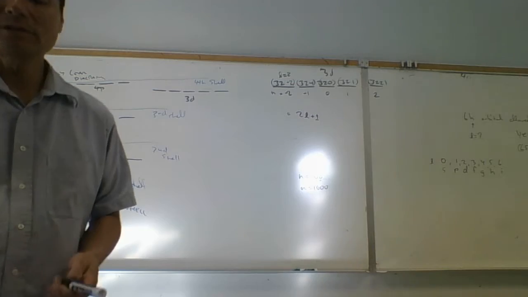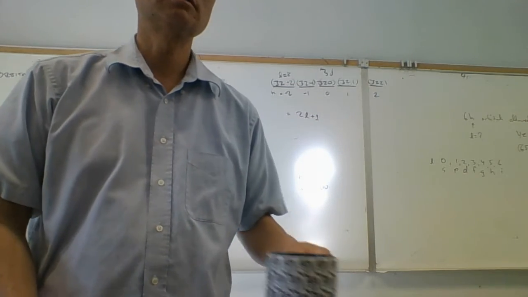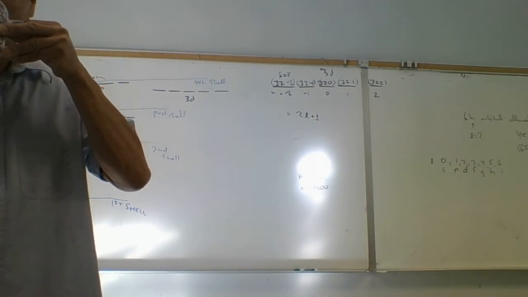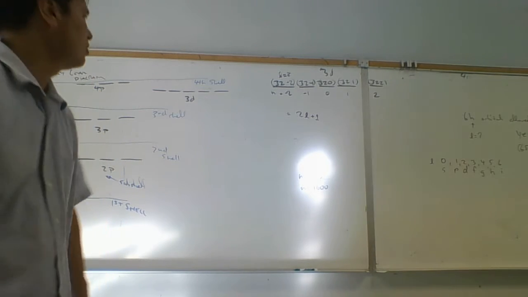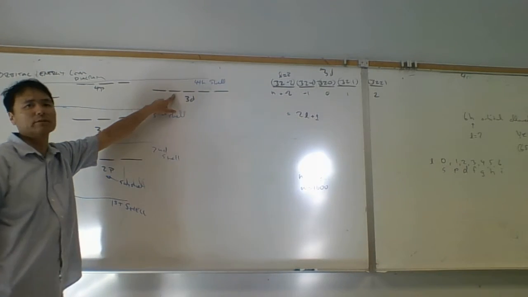Each of these orbitals is defined by 3 numbers. So, what's this orbital called?